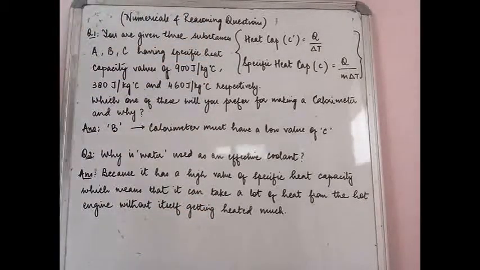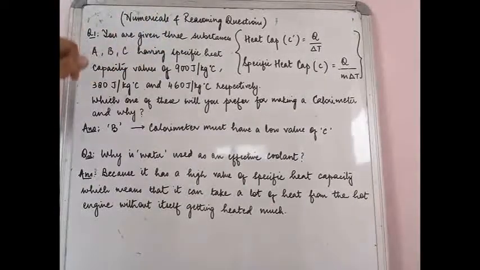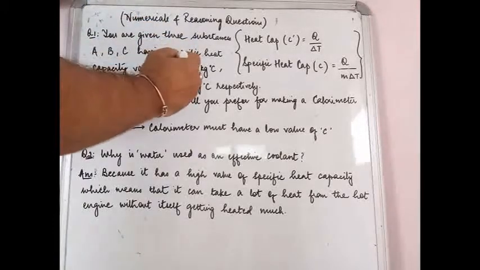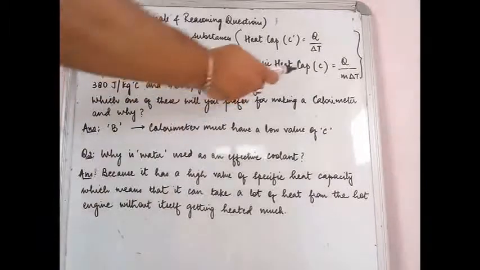Having revised that, let us quickly have a look at question number 1. You are given 3 substances A, B and C having specific heat capacity values. I am going to underline the words specific heat capacity, so we are talking about this.